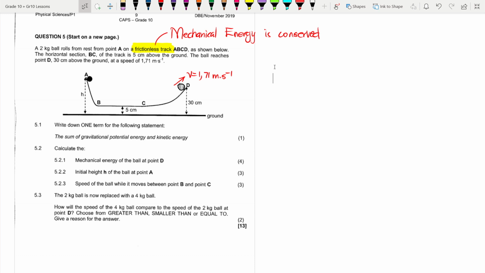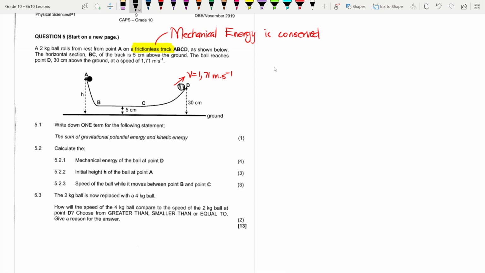And for this kind of problems, when we use energy principles, we don't always have constant acceleration. That's the thing. But you can use equations of motion for this. It's just not advisable because they're only going to apply, as Tapelo said, for motion in one dimension where you are sure that there's constant acceleration.